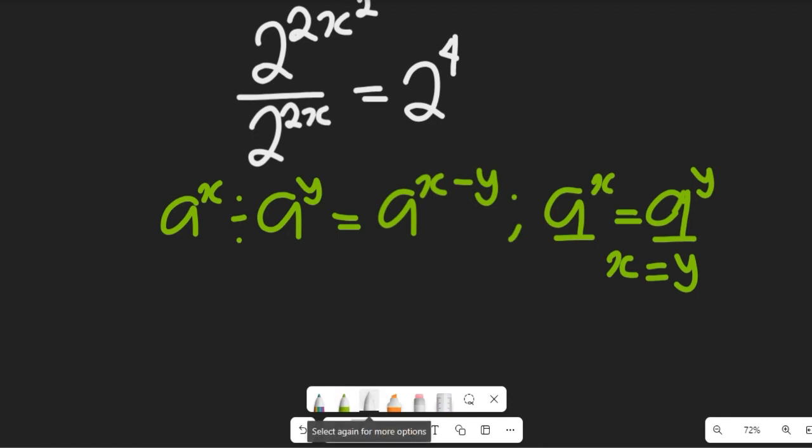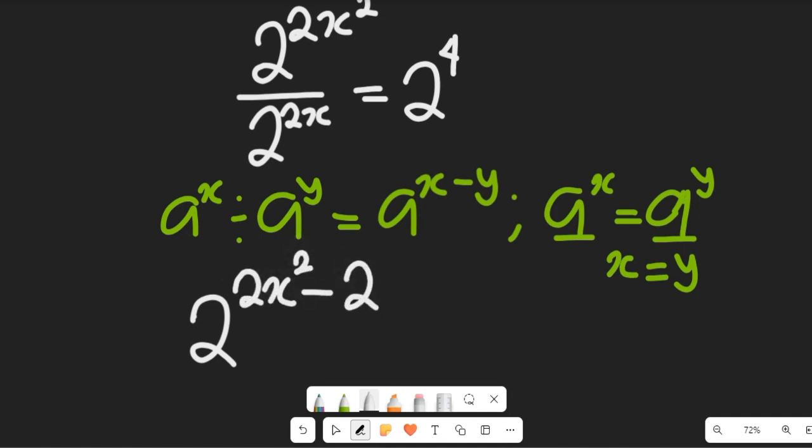So that expression is now going to give us 2, considering the first part, 2x squared minus 2 to the power of minus 2x, that will be minus 2x, because we have this expression here as 2x, and that will be equal to 2 to the power of 4.